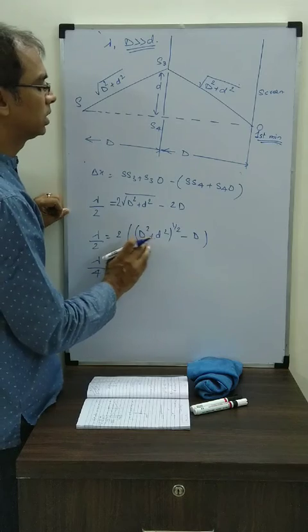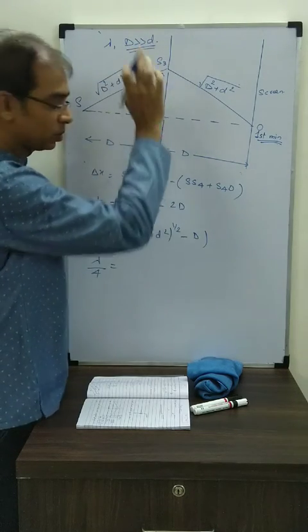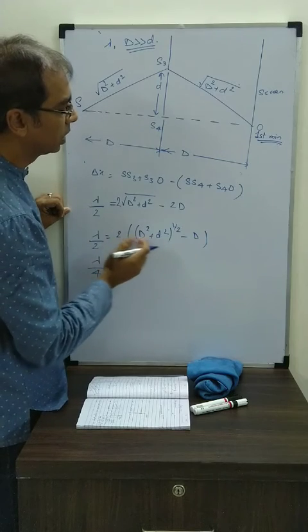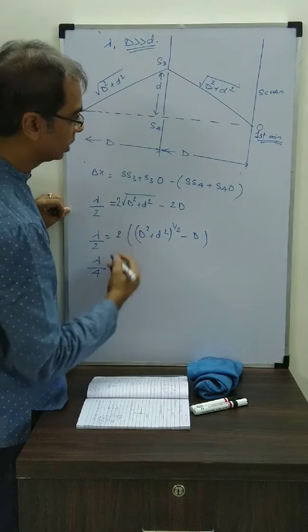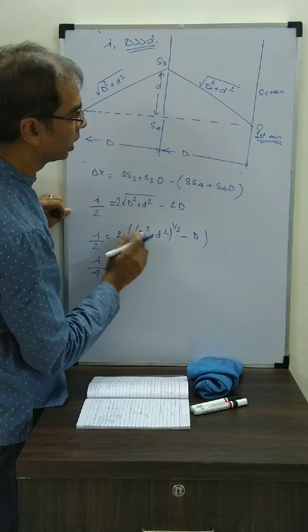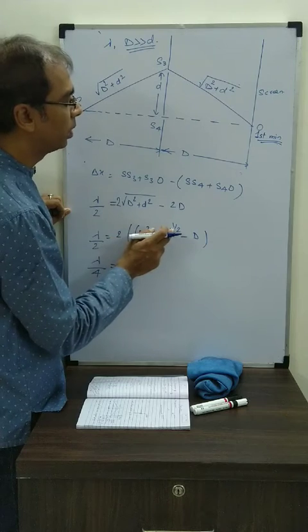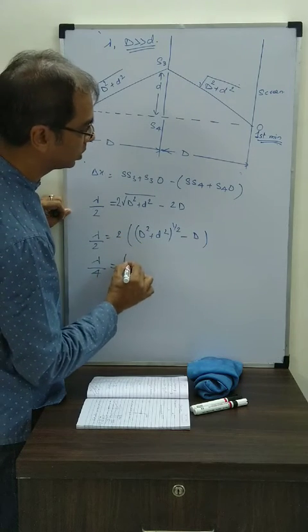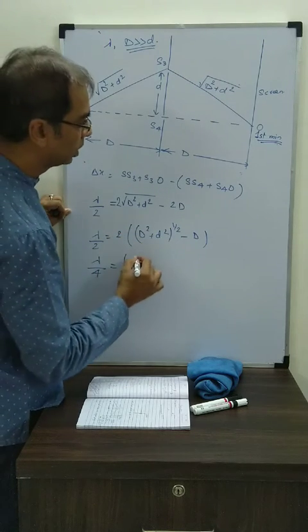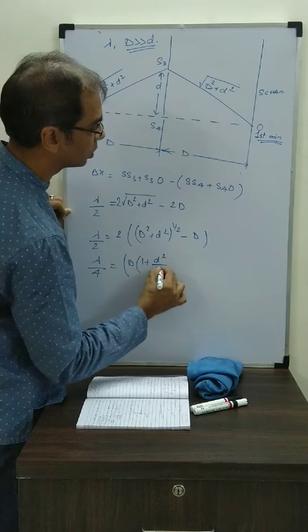Now, here the relation is given to us that D is very large as compared to small d. So what I am going to do is I am going to take this D common. When you are taking this D common, it comes D square. D square when it comes out, power is 1 by 2. So D square to the power 1 by 2 comes out. That means what comes out? D. In the bracket what is there? 1 plus d square by D square.